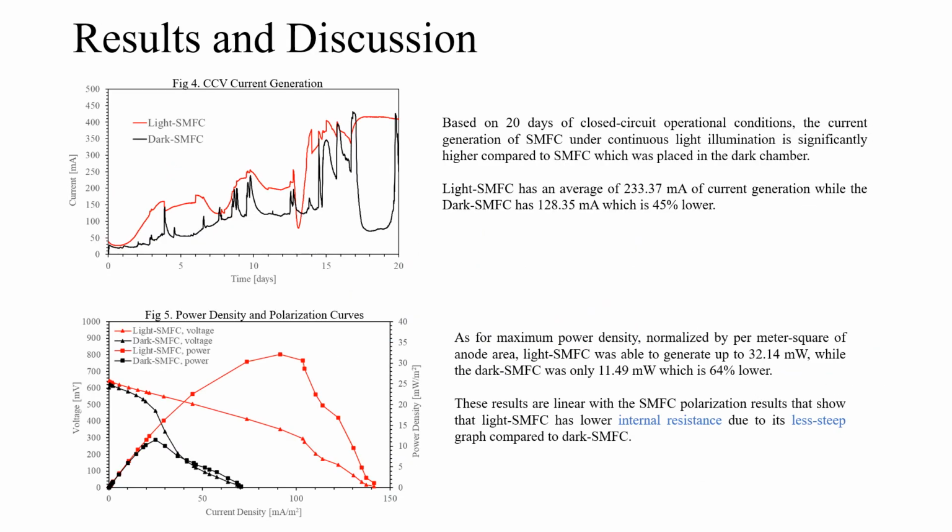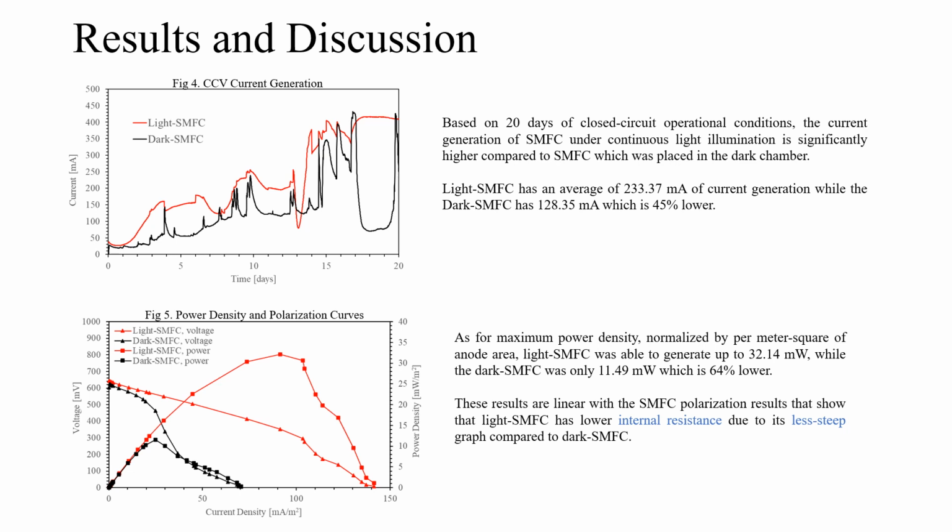So these are the results of this research. The first one is the current generation for 20 days. Based on 20 days of closed circuit operational conditions, the current generation of SMFC under continuous light illumination is significantly higher compared to the SMFC placed in a dark chamber, which we call dark SMFC.